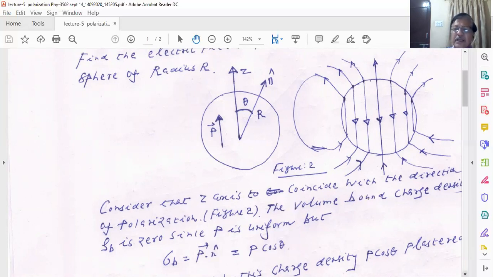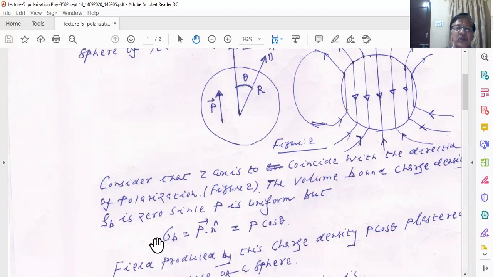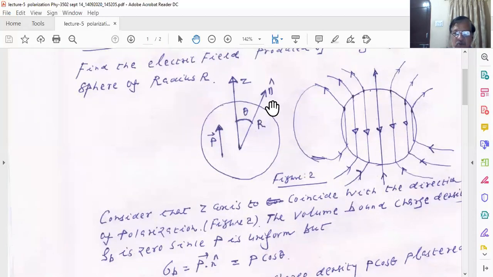Now we want to calculate sigma b. Sigma b is the scalar product of vector P with vector n. Your unit vector n is in the direction of the radius vector r, whose magnitude changes from 0 to capital R in the interior of the sphere, and which makes angle theta with the z-axis.